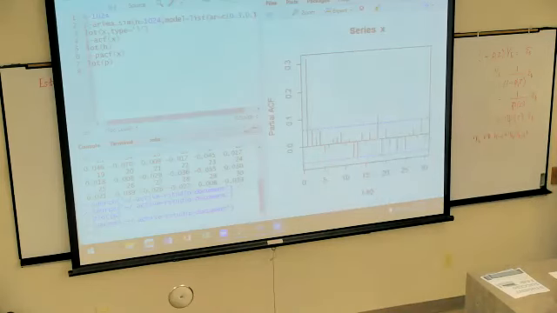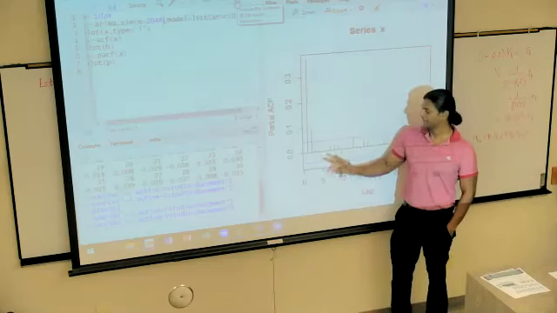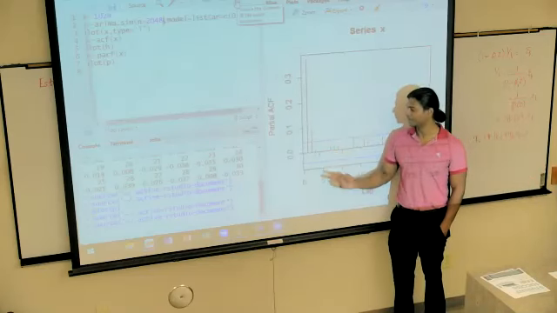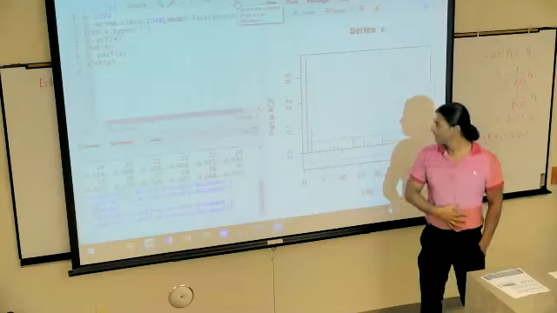So maybe I'll increase the sample size to 2048. And you can see that the AR2 model is right there. Good.